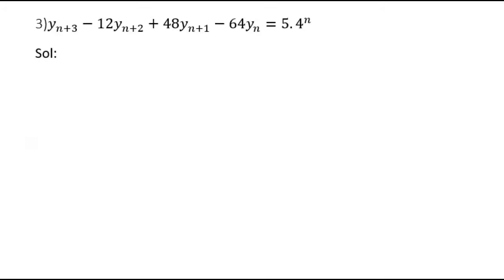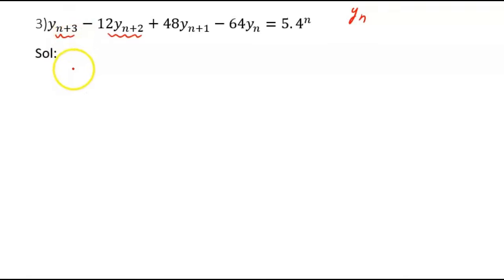So let's start. Let us look at this particular problem: y(n+3) minus 12 y(n+2) plus 48 y(n+1) minus 64 y(n) is equal to 5 times 4 to the power n. Now if you look at this expression, it is already in a very suitable form. First of all, they are asking us to solve it for yn.